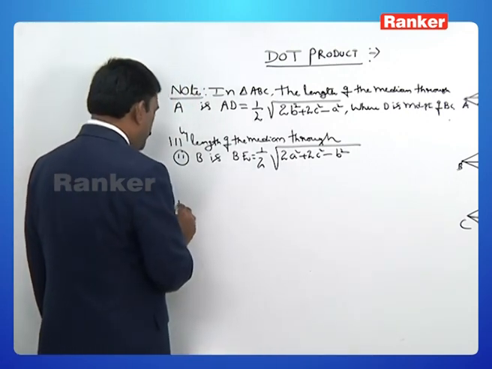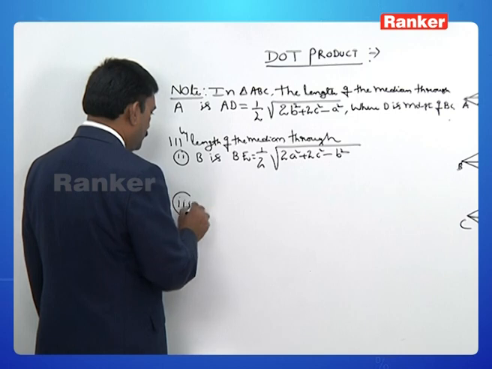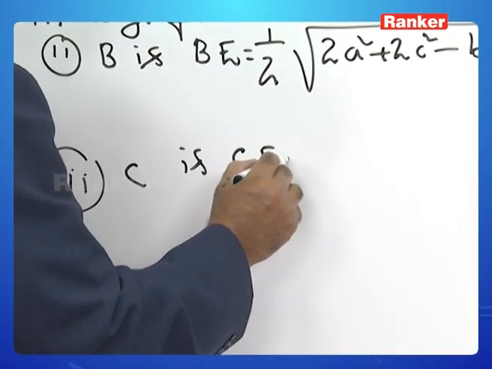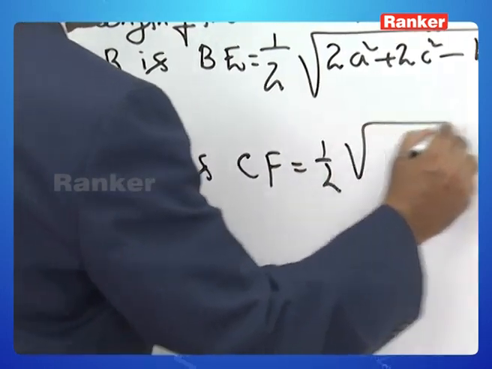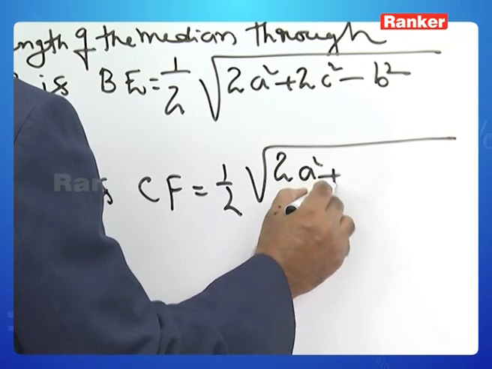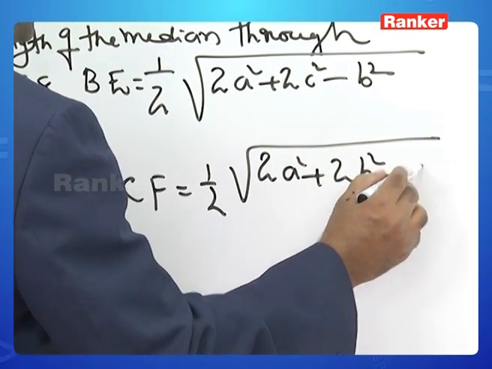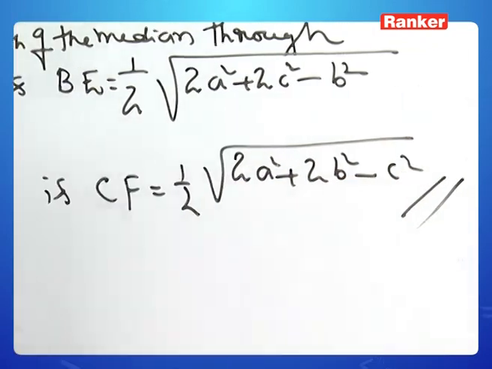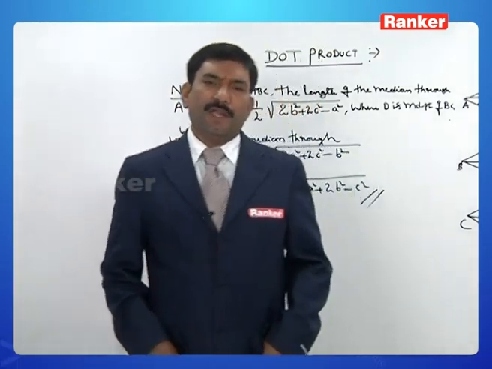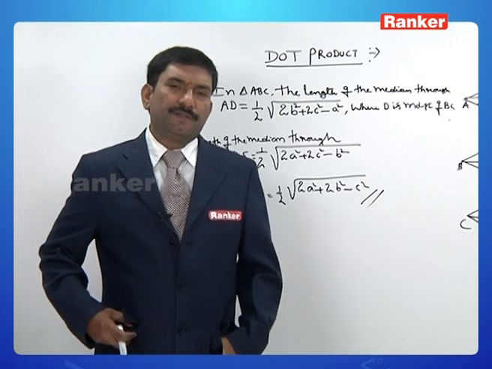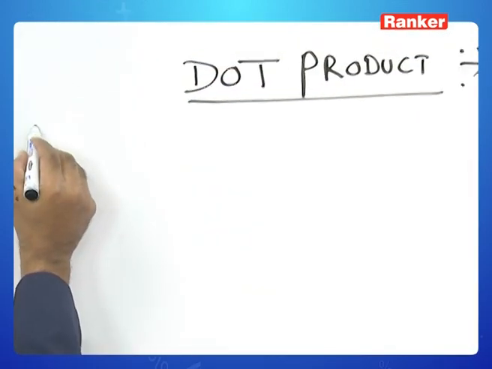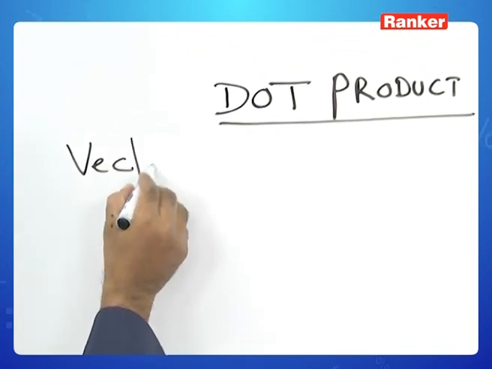Then the third one, through C, is CF equal to half into square root of 2a square plus 2b square minus c square. These are the lengths of the medians through A, through B, through C. Followed? Now, vector equation of a plane.